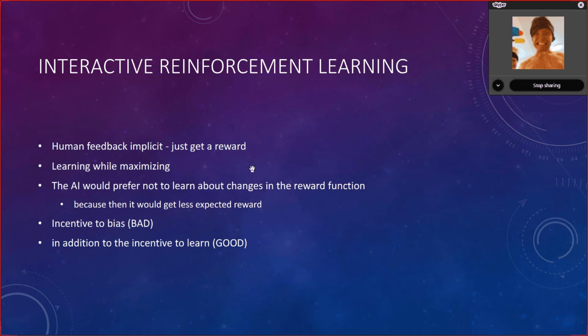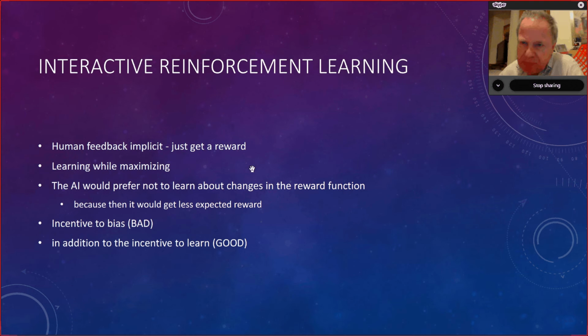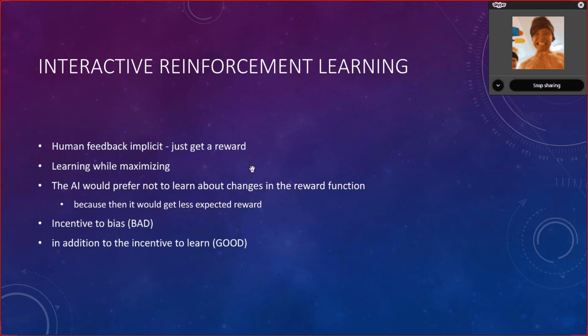It's just in the reward that the AI gets, and there are two things that happen at the same time in this interactive reinforcement learning. One is that the AI is trying to figure out what the reward function is, and it's also trying to actually maximize according to its best estimate of the reward function.